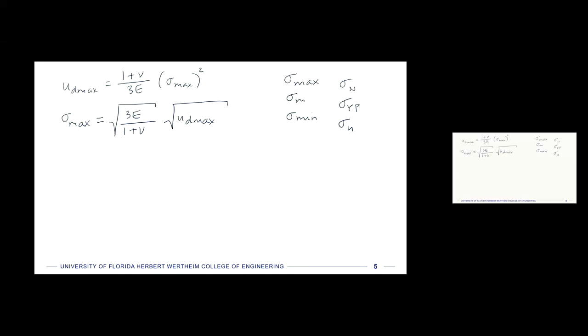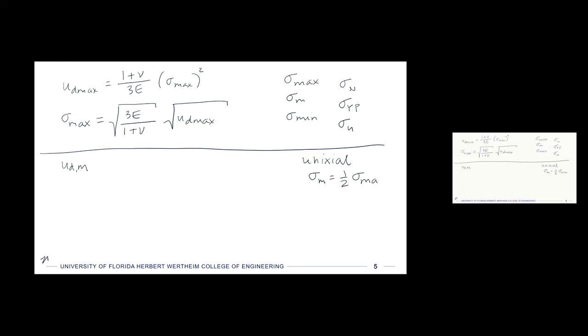Now let's think about the mean. So let's also define UD mean, or just little m. For our uniaxial stress state, our mean stress is just half of our maximum stress. Right?